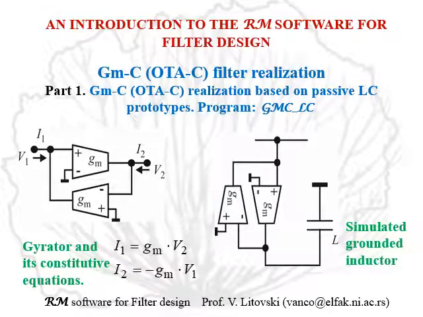Here on the left-hand side is the schematic and the circuit equations, or constitutive equations, of a gyrator circuit, and on the right-hand side is the grounded simulated inductor, which means that on the top line the inductor is connected, and the thick line is ground, and in between the capacitor, which is now substituting the inductor.